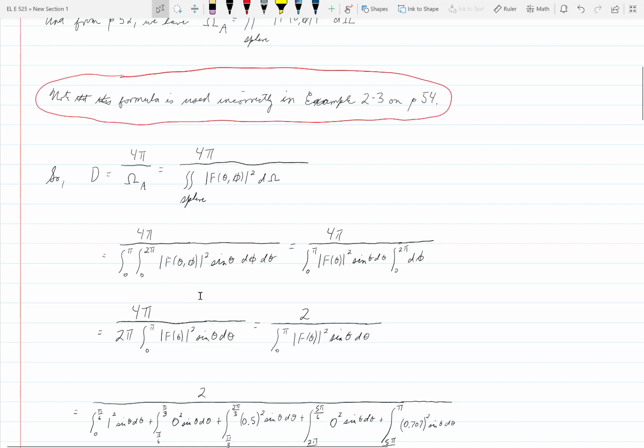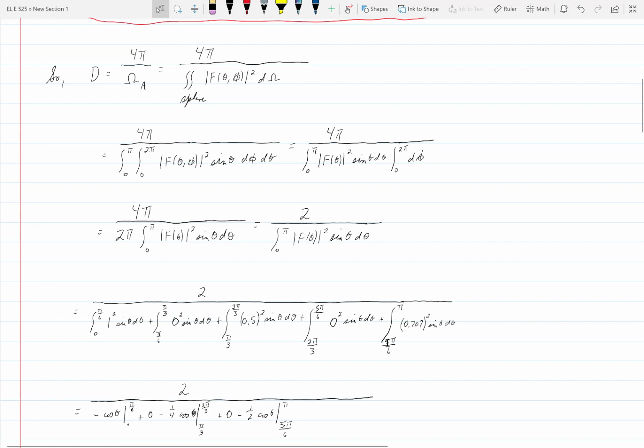Nothing in this problem varies with respect to phi, so we can separate the theta and phi integrations as we've shown here, and this integral of d phi from 0 to 2 pi just gives 2 pi. And so this quickly simplifies to this expression: 2 divided by the integral from 0 to pi of the magnitude of f of theta squared times sine theta d theta.